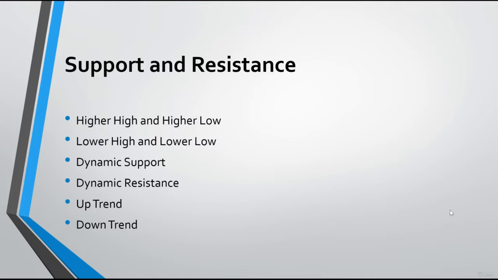I mean, the higher high and higher low, lower high and lower low. We're going to talk about dynamic support and dynamic resistance, as well as the things I told you. We are going to talk about uptrend and downtrend.